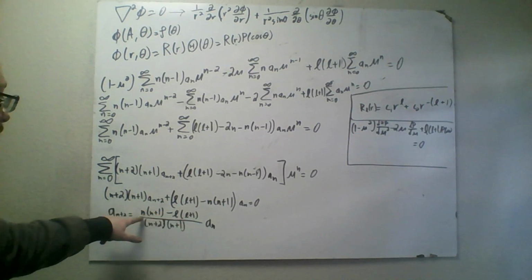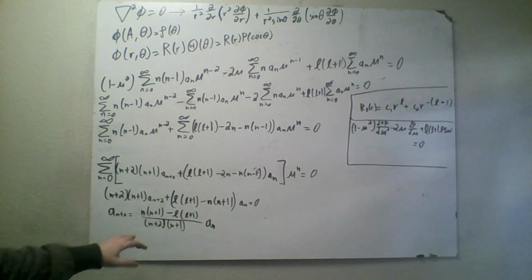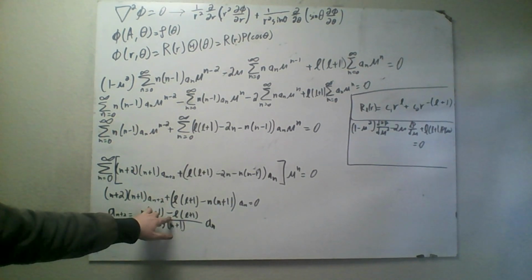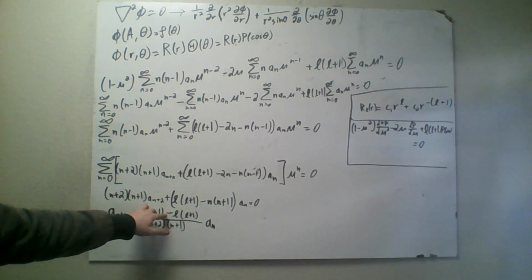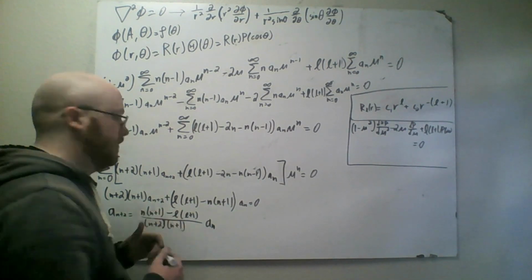So L, N, L plus 1, N plus 1. Okay, so if we expand it out. One way to think of this is if L equals N, this is 0. Right? So that means that this thing up here has to be divisible by L minus N.